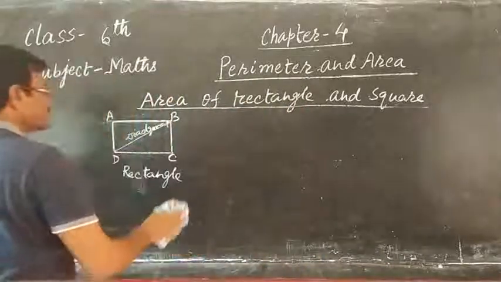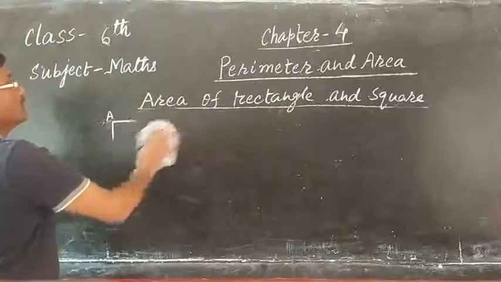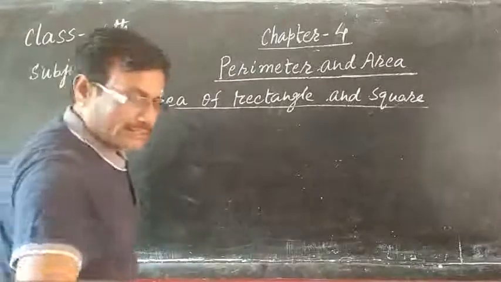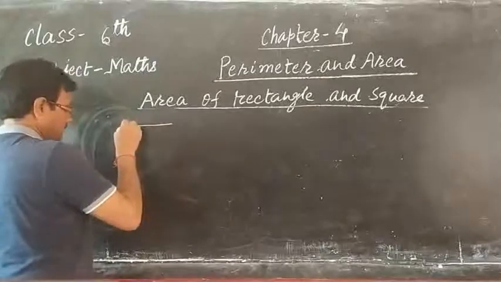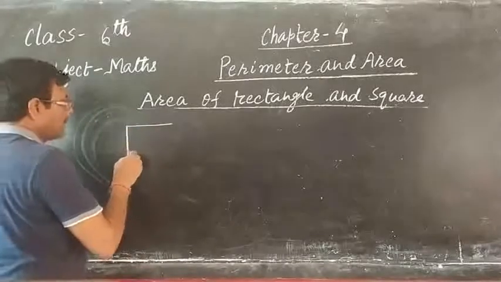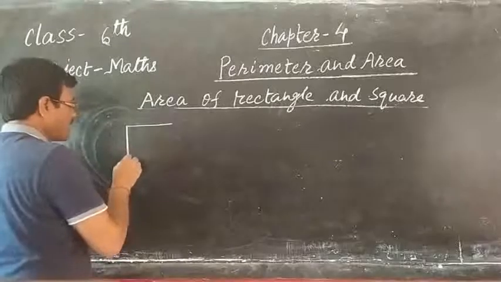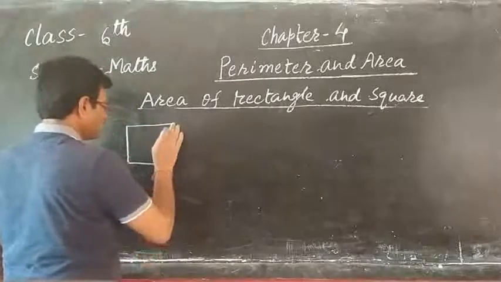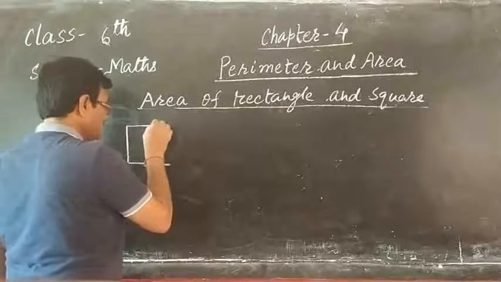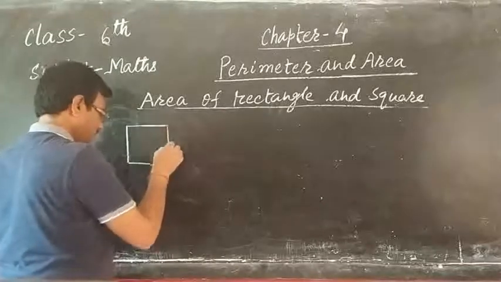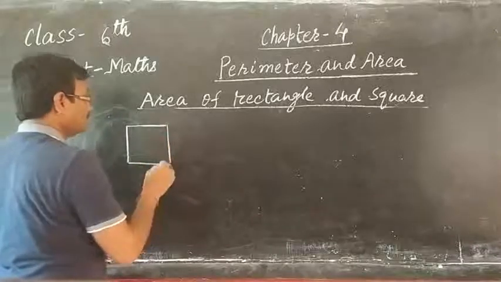Now, students, we will learn about a square. As you know, in a square all sides are equal and each angle is a right angle.